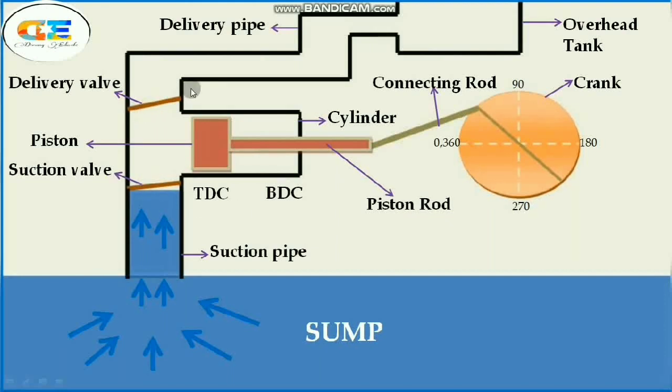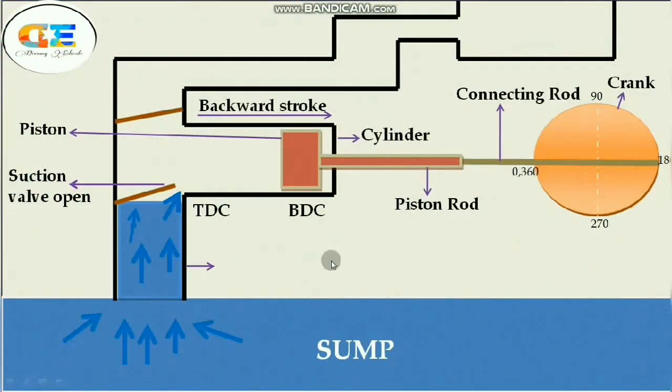Okay, you see it. Then the crank is rotated, and when the crank angle is 180 degrees, the piston goes from TDC to BDC, meaning top dead center to bottom dead center. The motion of the piston from TDC to BDC is called the backward stroke, or we say the backward motion of the piston.